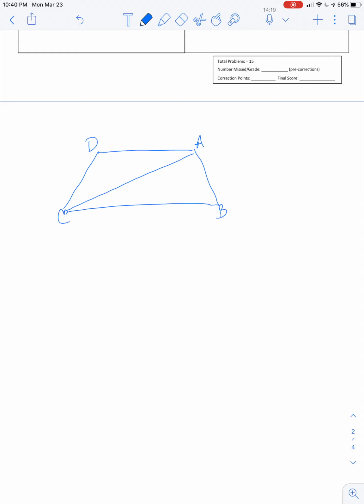Okay, so we have this vertex here at C and a vertex here at A, and I've created a diagonal here that goes from one vertex to the next, and C and A are non-adjacent vertices, so a diagonal is the line that you can see going from C to A, which is crossing through my quadrilateral. Okay, so that is a diagonal.